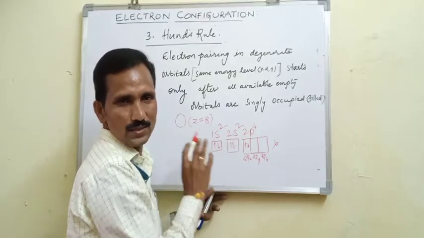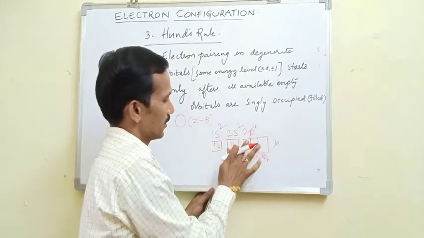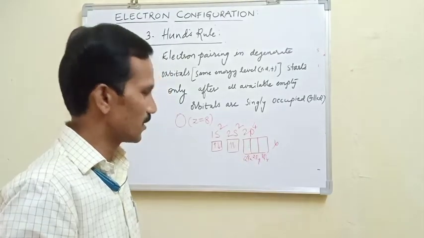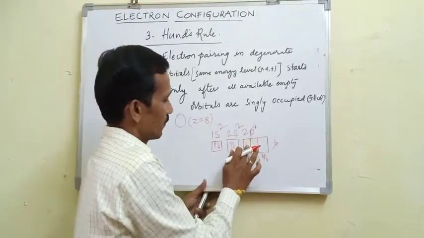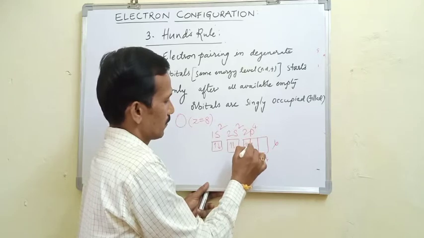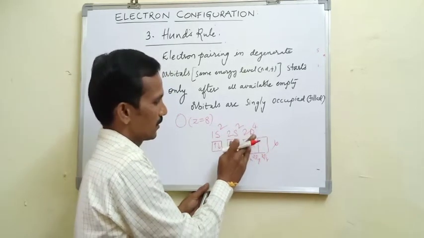Only p, d, f orbitals are degenerate orbitals. Don't fill electrons like this.